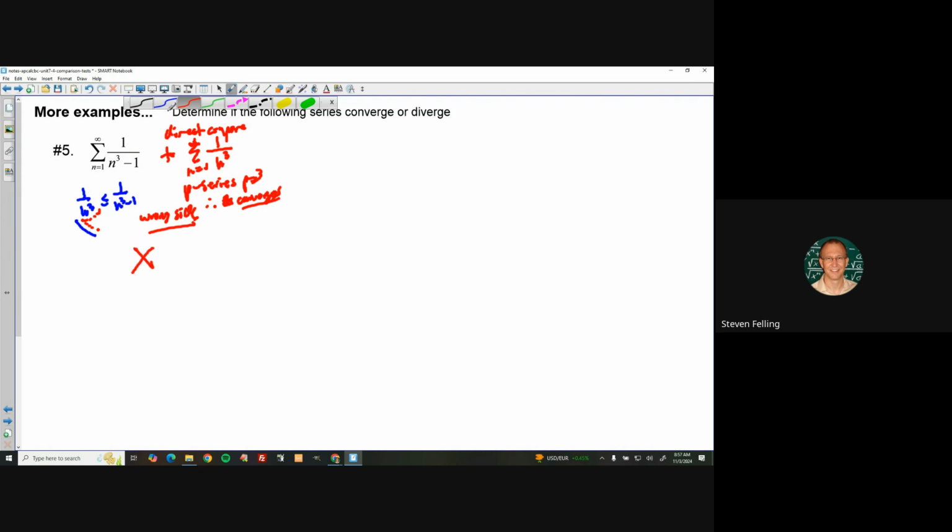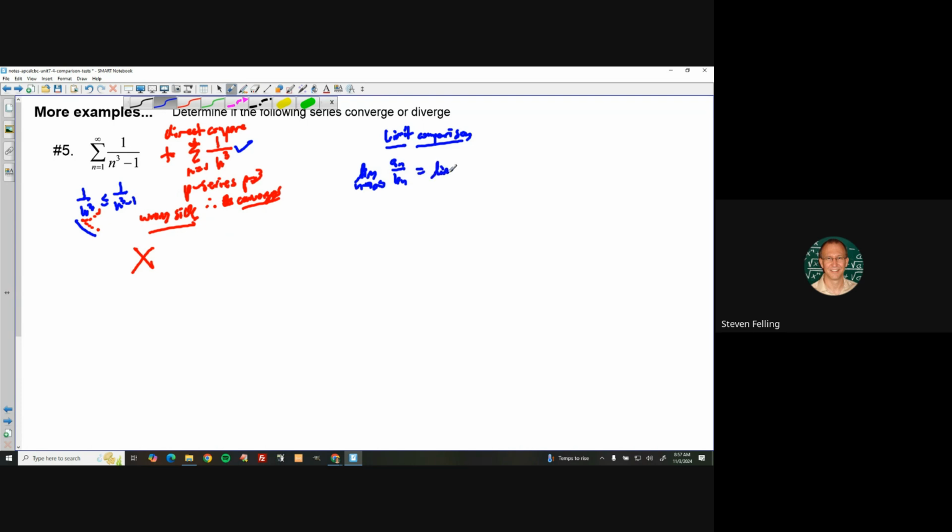We definitely have to do limit comparison, but we'll again compare to that same series. So I won't redo that work, but to switch to limit comparison, we'll take the limit as n approaches infinity of a_n over b_n.